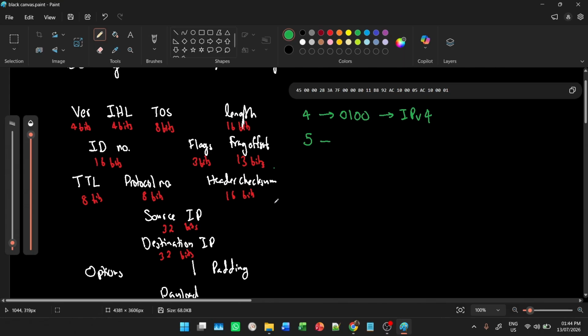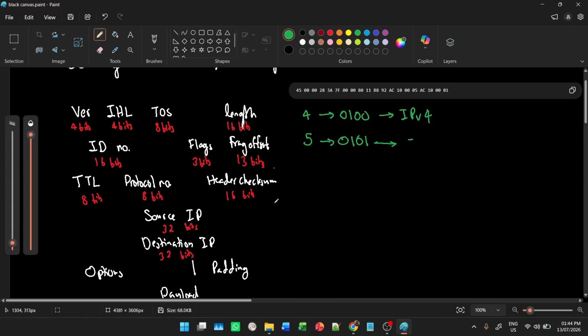Next we have 5, which is the header length. If you want, you can write it down: it's 101, essentially 5. That 5 is what shows us the length of the header.